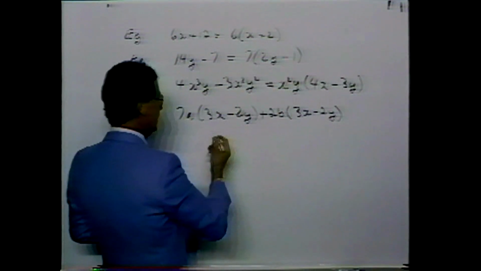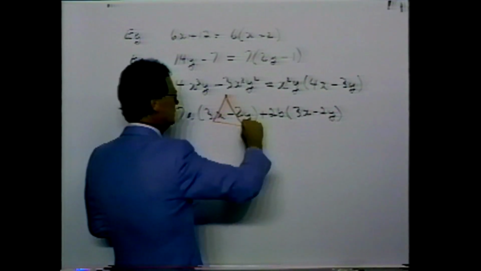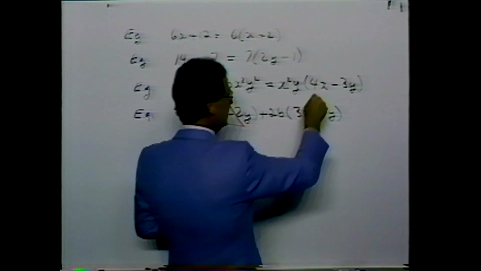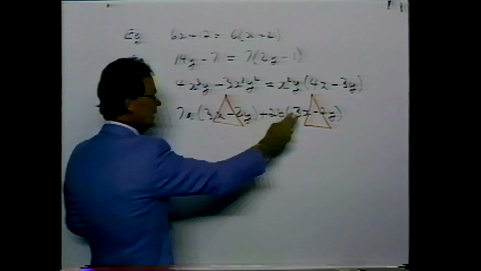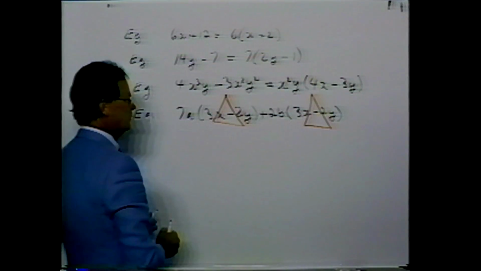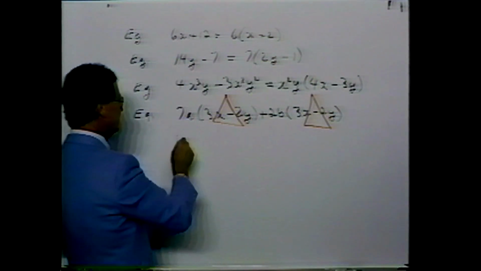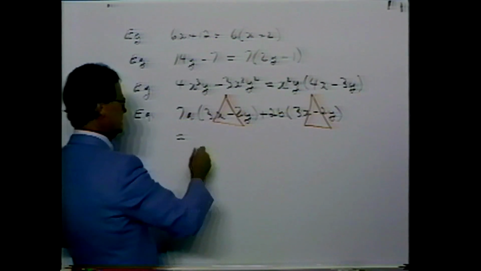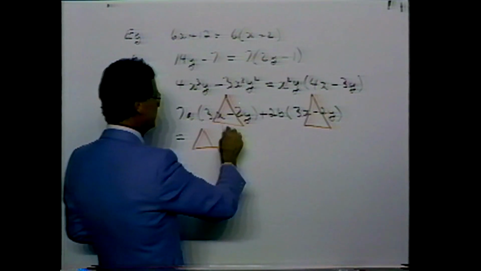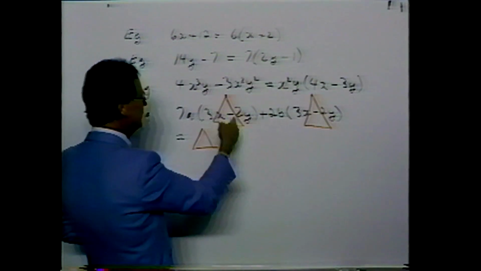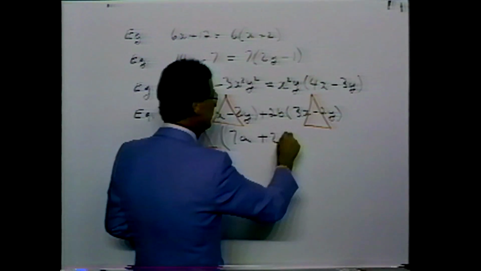term. If we consider this as being one unit, let's say this triangle represents it, and this triangle represents that. They're both the same. Then the triangle or the binomial factor are identical, and if you take that out as a common factor, let's start with triangle as a common factor, what is left after taking that out of the term is 7a and plus 2b.